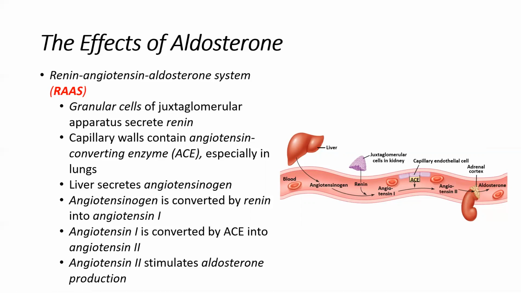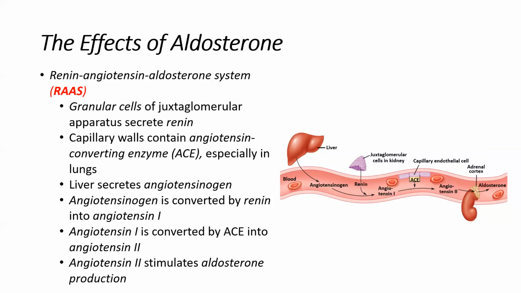Okay, and I'll say that again, just so that it's not confusing. The liver is always secreting angiotensinogen in its inactivated form. When it comes into contact with renin, which is being secreted from the juxtaglomerular granular cells, then it will be activated into angiotensin 1.